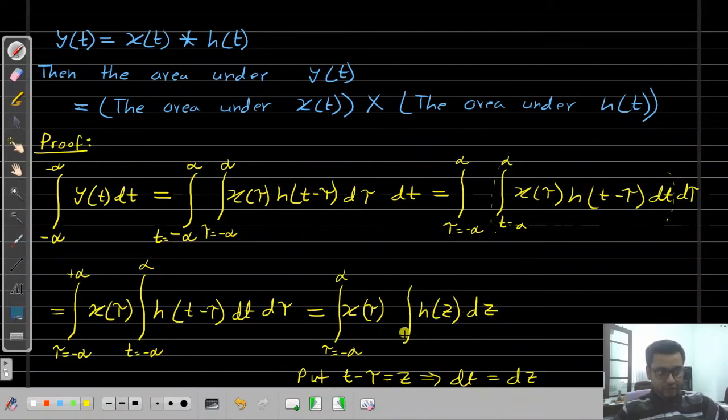The limit of integration will remain z equal to minus infinity to plus infinity, and then d tau.